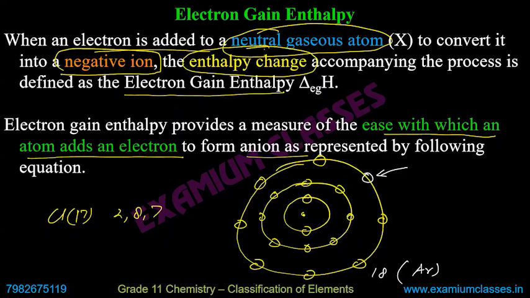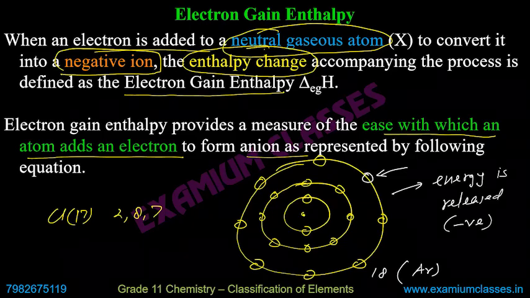And if energy is less, it means it will release energy. That much energy it will release. So in this case, energy is released. When energy is released, it is negative. In that case, it will have negative electron gain enthalpy.